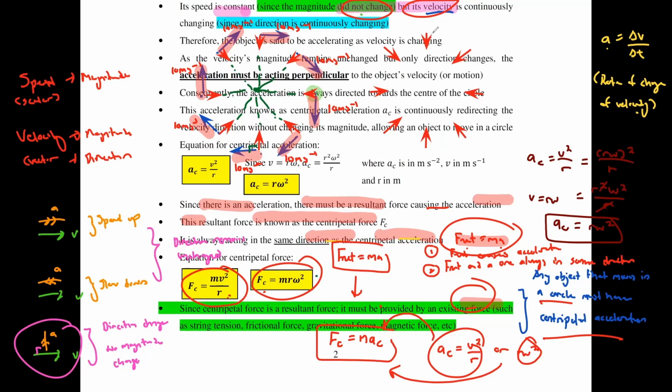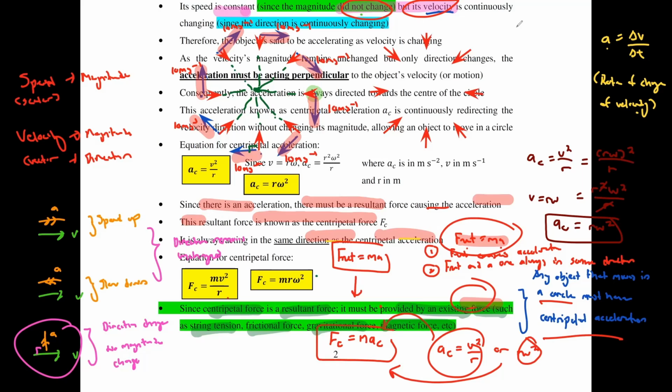Now, one thing to note here also is that centripetal force is actually a resultant force. It doesn't exist by itself. It must be provided by an existing force, such as string tension, frictional force, gravitational force, magnetic force, and so on. What do we mean by that? It is something like this.